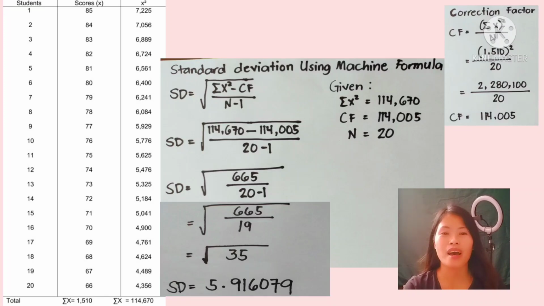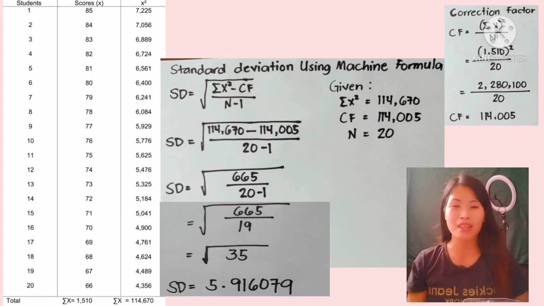The formula is SD equals the square root of the summation of x squared minus CF, divided by n minus 1. So standard deviation is equal to the square root of the summation of x squared minus the correction factor, divided by the number of cases minus 1.